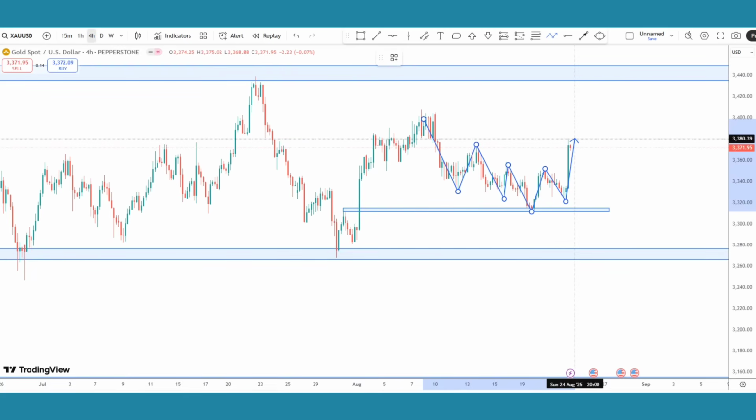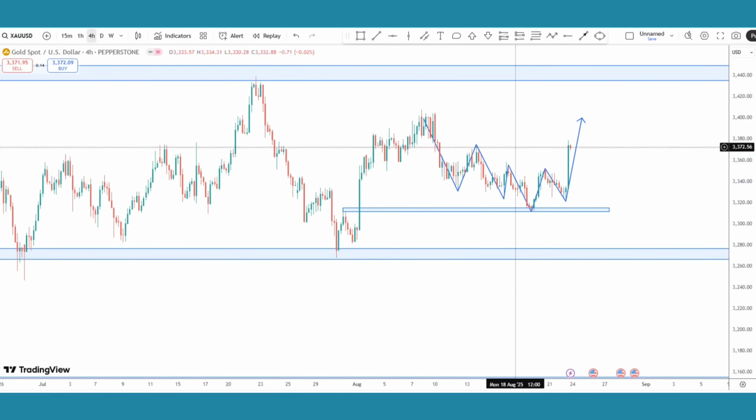Again, this is due to the news that happened yesterday. You can see price swiftly breaking through the previous highs to the upside, and that's where we are at the moment. So how can we capitalize on this?